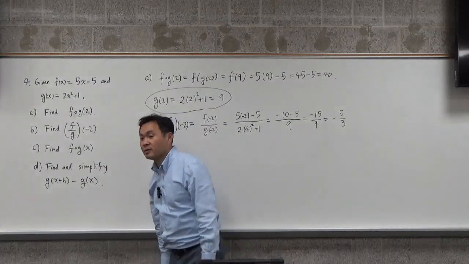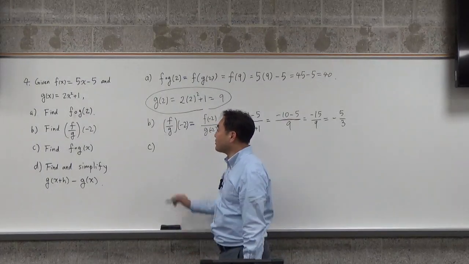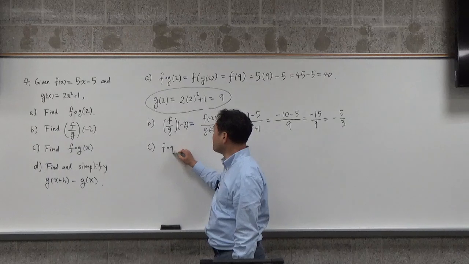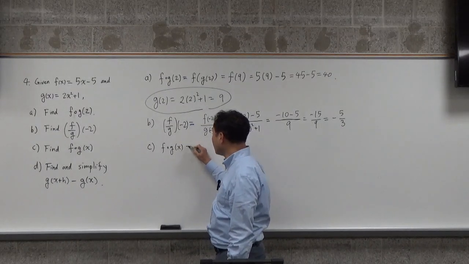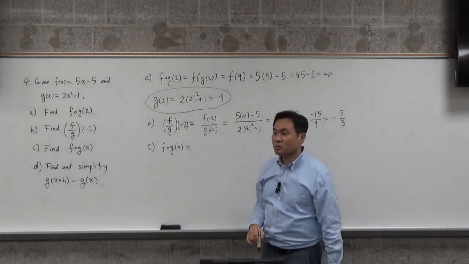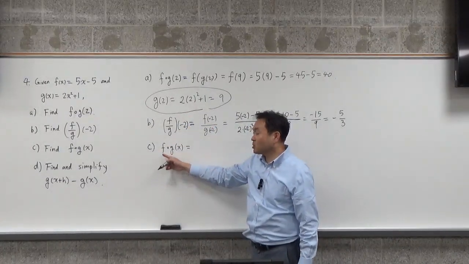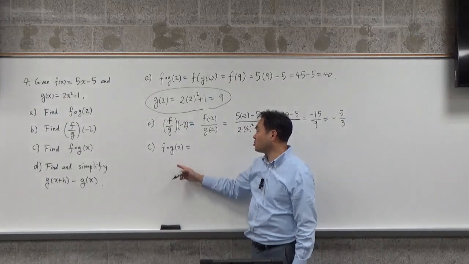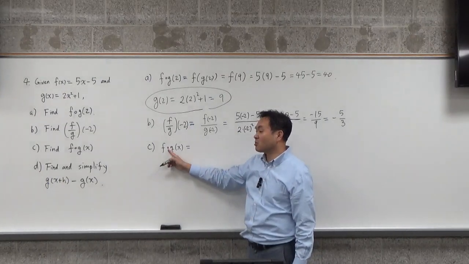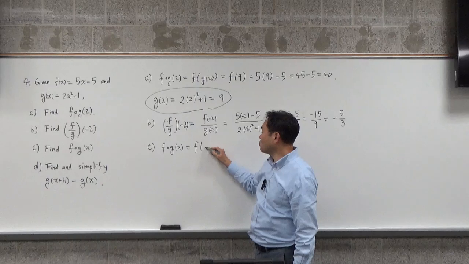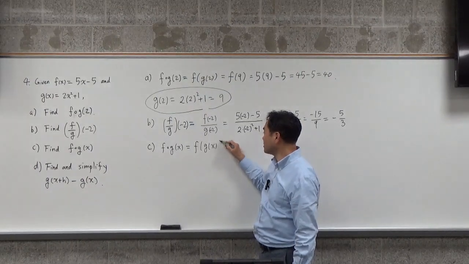Okay. Now let's think about what f composed g of x is. Again, without trying to see what the problem is asking, the first thing that you have to do is change this circle into one function plugged into the other.